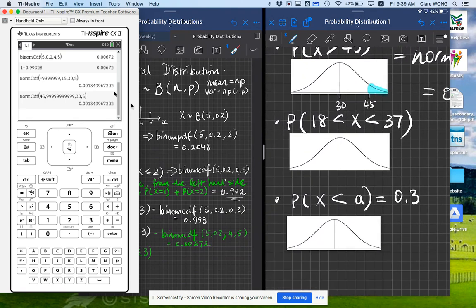Next, let's say we're interested in what is the probability of the random variable x being in between 18 and 37. So better have a sketch, write down where the mean is and roughly where 18 and 37 would be. So what about there?